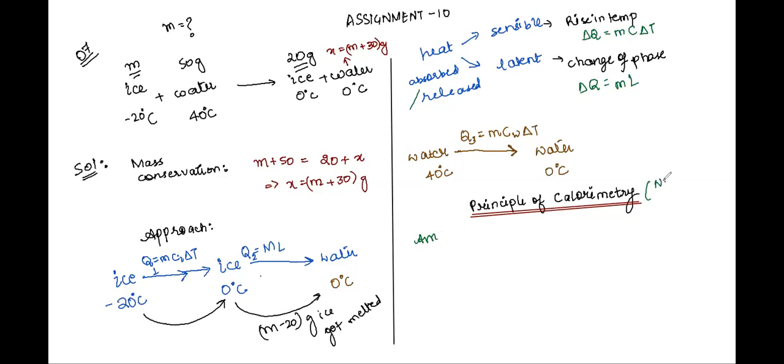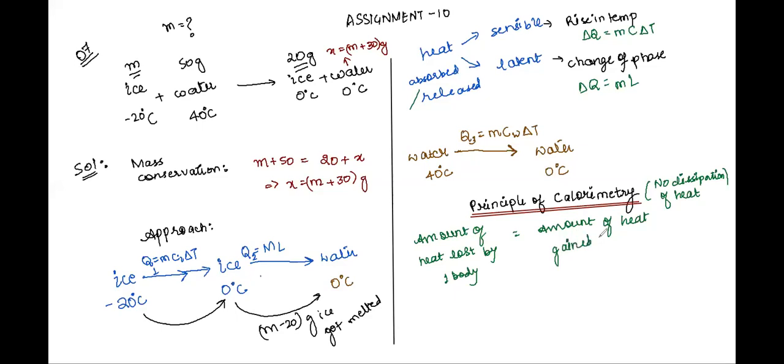I'll write it here. When there is no dissipation of heat, the amount of heat lost by one body is equal to the amount of heat gained by another body. So this is what the principle of calorimetry says.